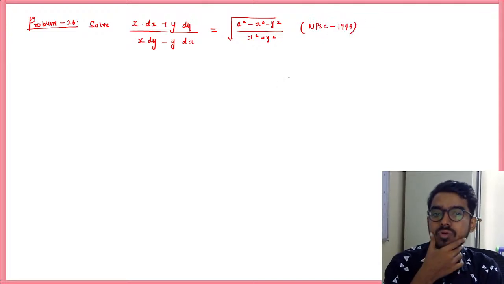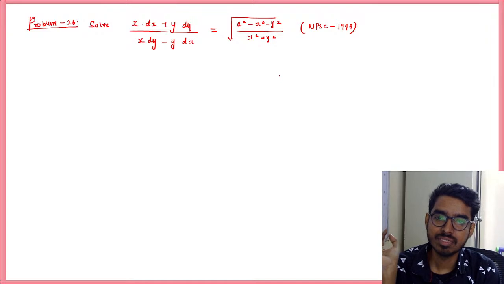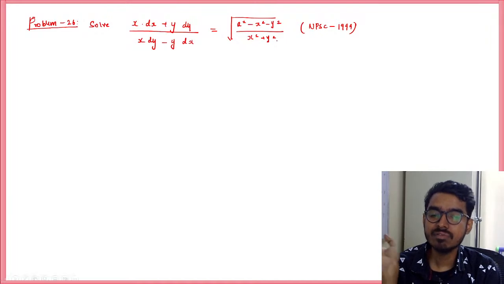You can see whenever you have something like x square plus y square, what can you think of? If I take the minus outside, this will be x square plus y square. Whenever you think of x square plus y square, you just change that to polar form.